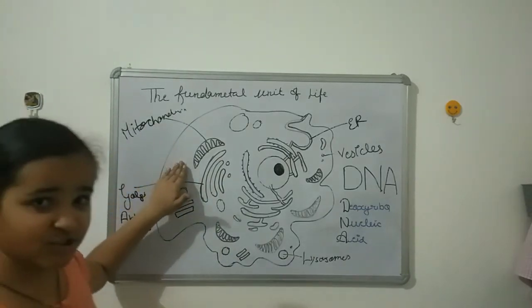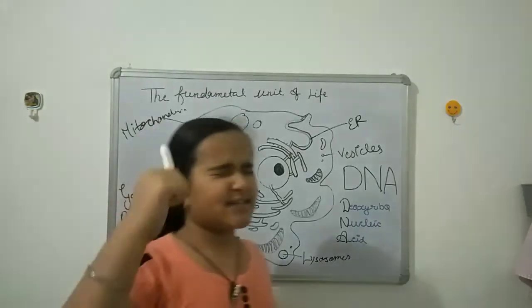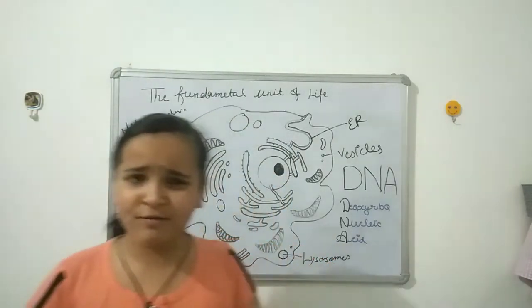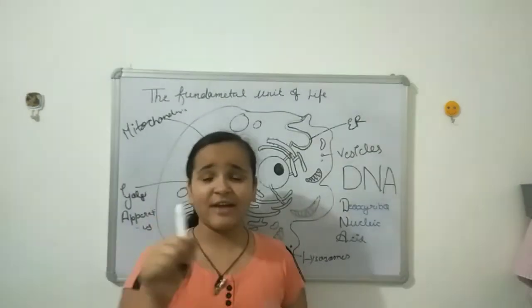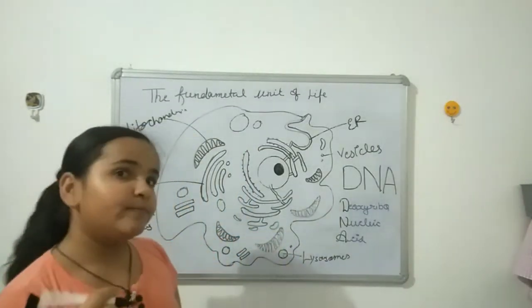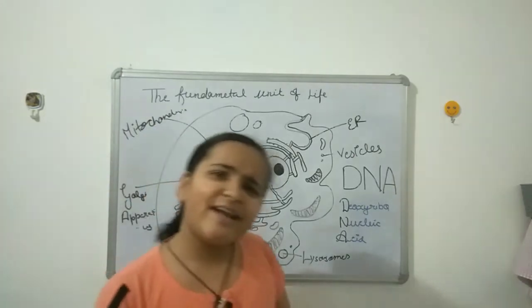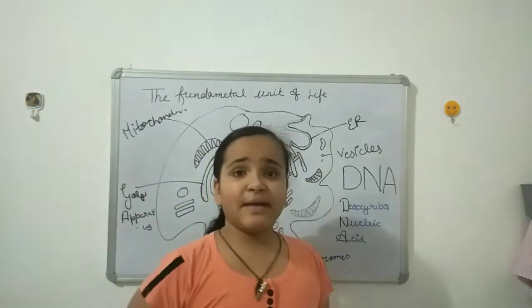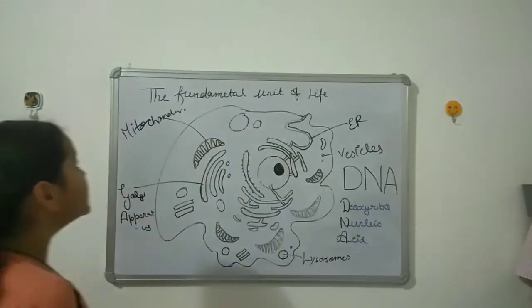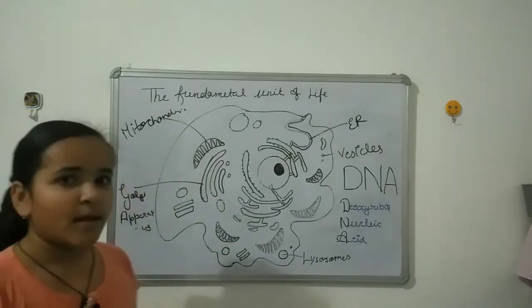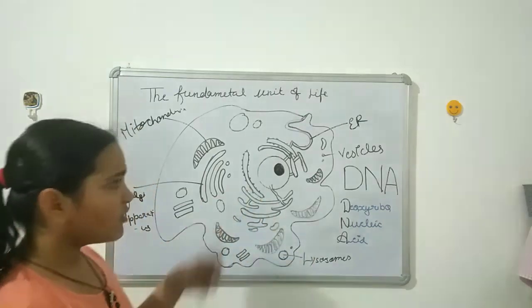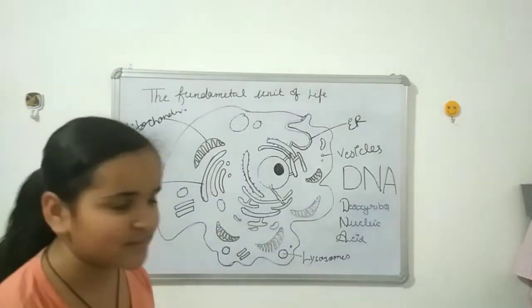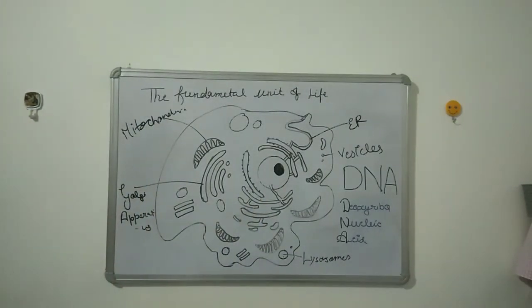It provides energy, and I told you in the first or second part of the video that ATP, adenosine triphosphate, provides energy. So where is it produced? ATP is produced in the mitochondria. Mitochondria produce ATP so that it can provide energy to the cell for its functions.